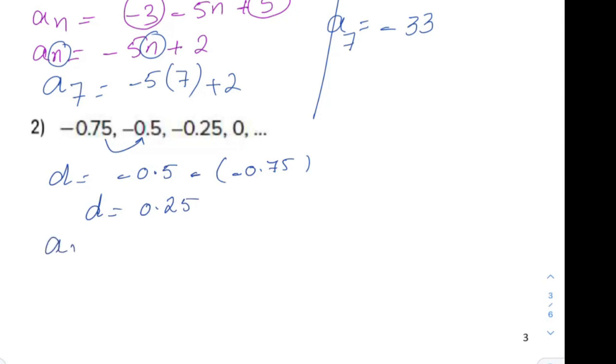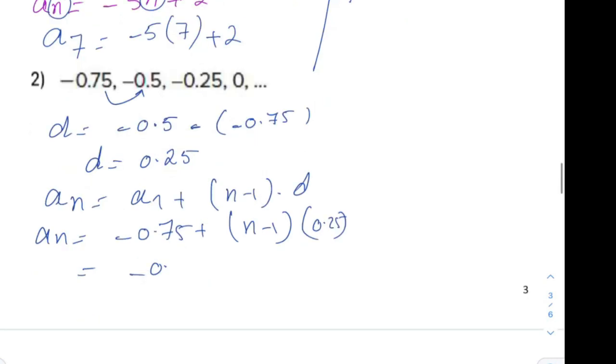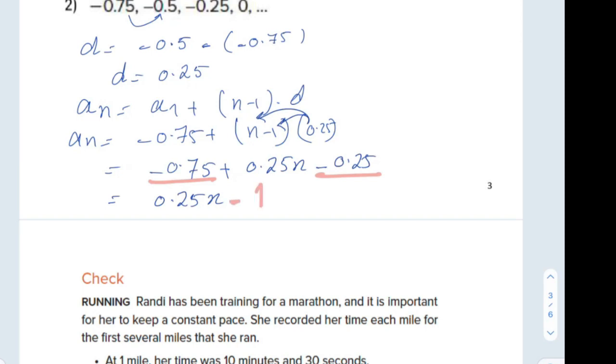And then we will replace an is equal to a1 plus n minus 1 times d. So an is equal to a1, the first term, plus n minus 1 times d, which is 0.25. And we will also distribute 0.25n minus 0.25. So it is 0.25n, and this plus that, it is -1. It's very clear, it is -1.